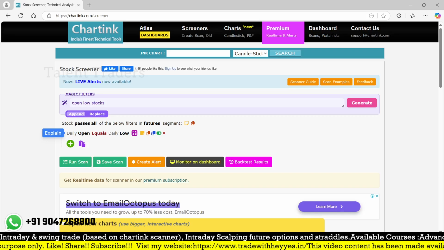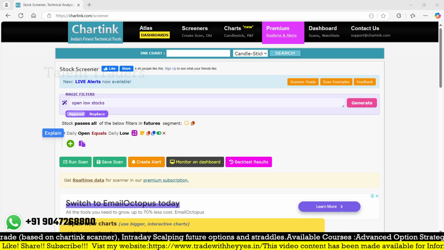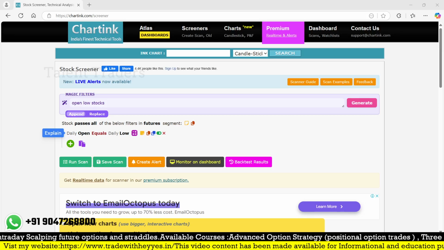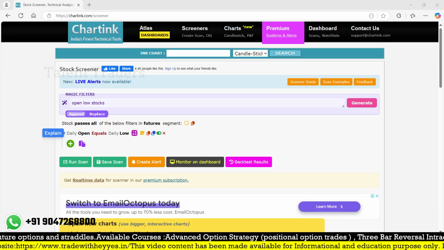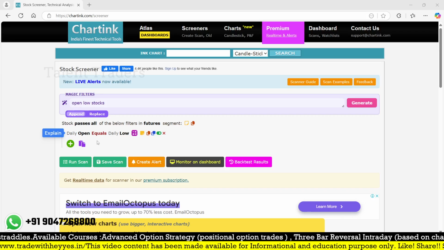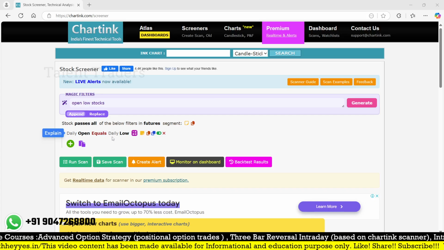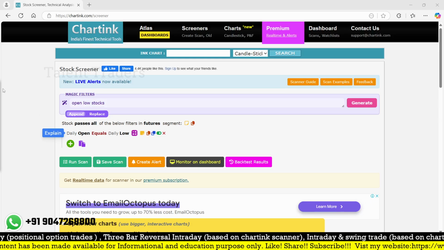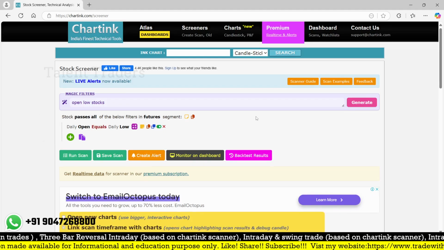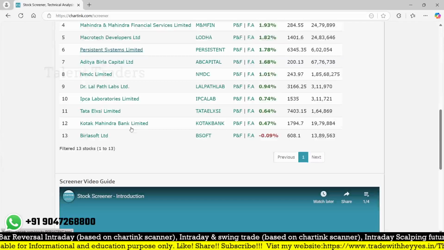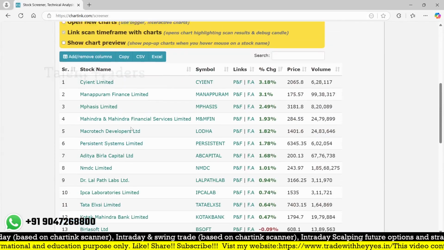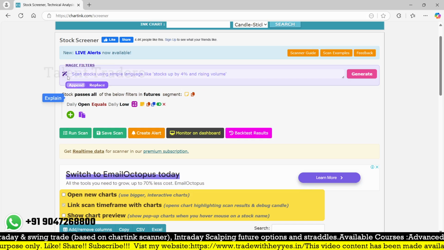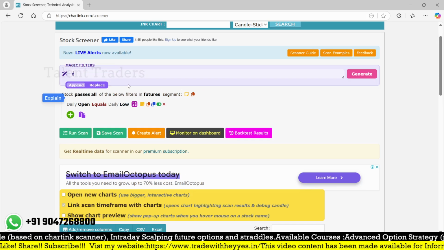This is another good feature in Chartink introduced for new people who are using Chartink, so they can create scanners in an easy way. For example, open equal to low, then we find the stocks, run the scan, and you will see this many stocks today forming open low. A simple logic which we can add.